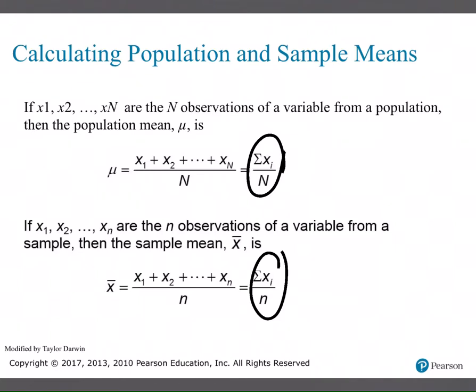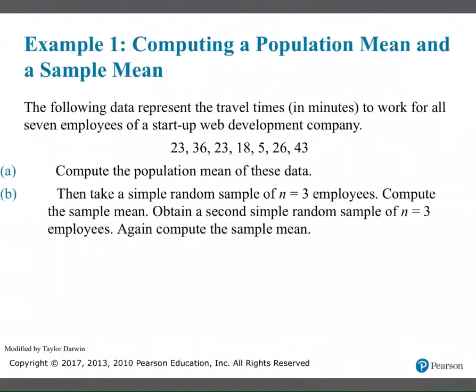They're pretty much the same, except mu is used to denote population, and X bar is used to denote sample. And in population, you use capital N because that represents population size. And in sample, you use lowercase n because that represents sample size.